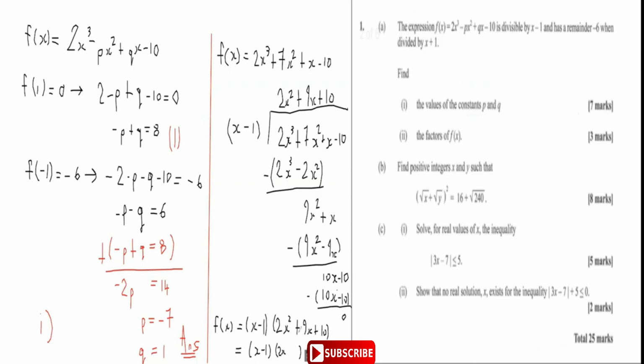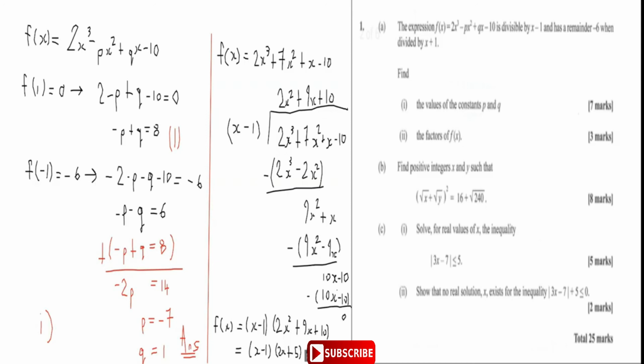Signs are the same and both of them are positive, so it has to be 5 and 2. Now let's check it. This times this is that. This times this is 4x plus 5x plus 10. Yes, this is fine. So this is the answer: x minus 1, 2x plus 5, x plus 2.